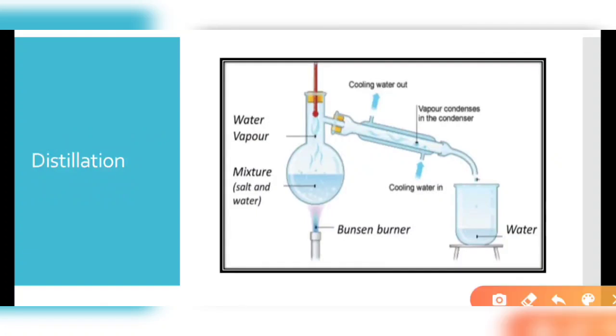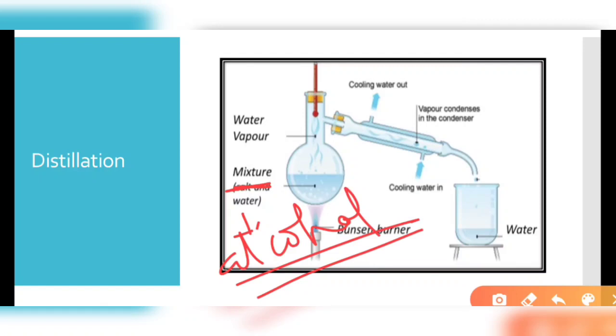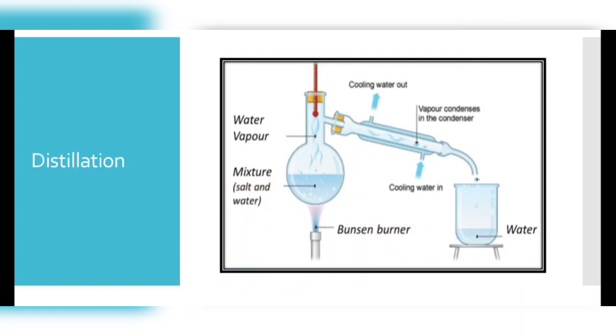If the two liquids are, say, water and alcohol, they mix with each other completely, so they are miscible liquids, but their boiling points are different from each other. To separate them, we can use the distillation process.